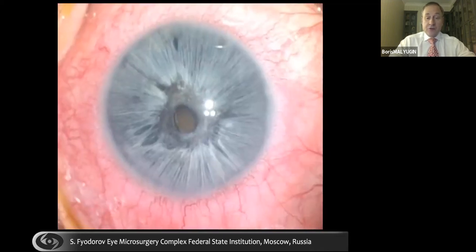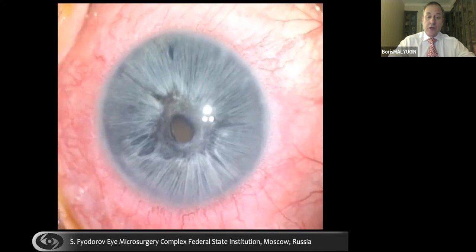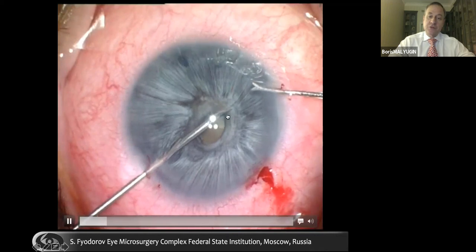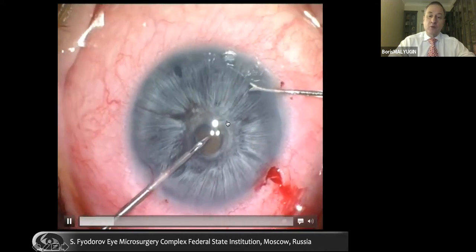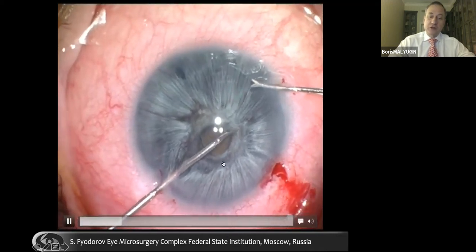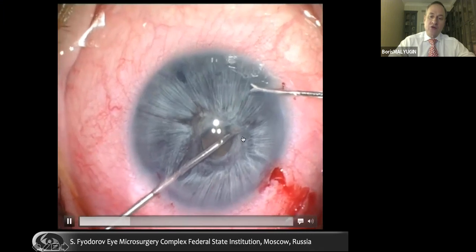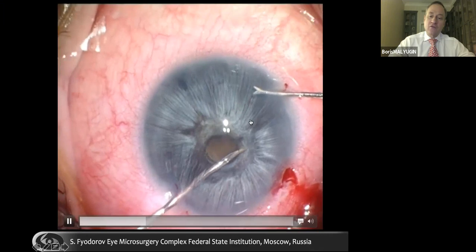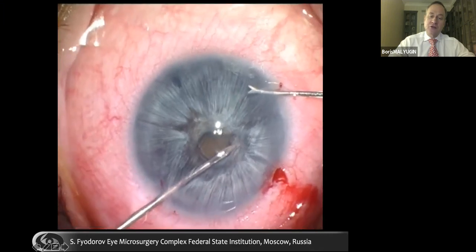There is another option which is shown here. Actually, we see here a very thick fibrotic membrane, which is about 1.5 to 2 millimeters wide. And in order to expand the pupil, we need to reach this area of relatively elastic tissue.